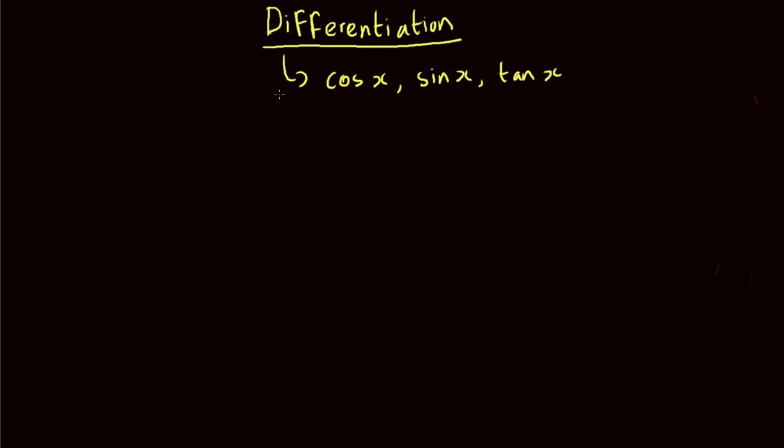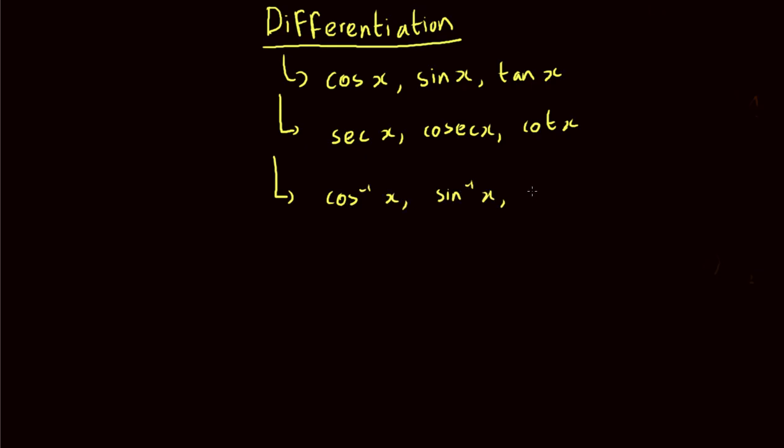We've also talked about how to differentiate the reciprocals, like secant of x, cosecant of x, as well as cotangent of x. And we've also talked about their inverses, so cosine inverse of x, sine inverse of x, and tan inverse of x. This is what we've discussed in the previous video on these sets of functions.